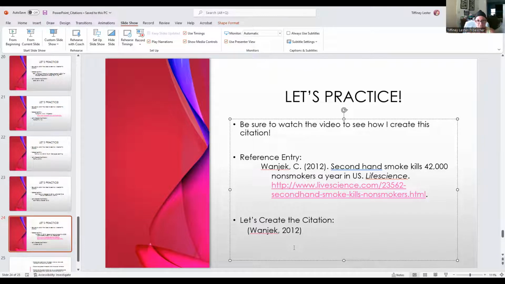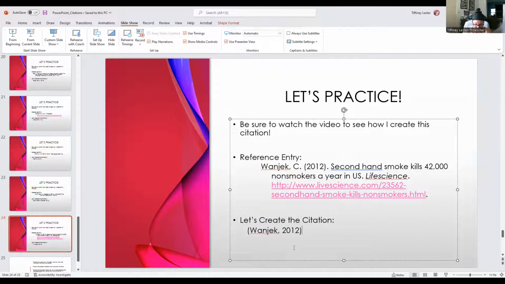It's not hard if you have the references list completed first. I cannot stress that enough. It makes everything so much easier when it comes to citations, because you know what goes in the parentheses for my citation.